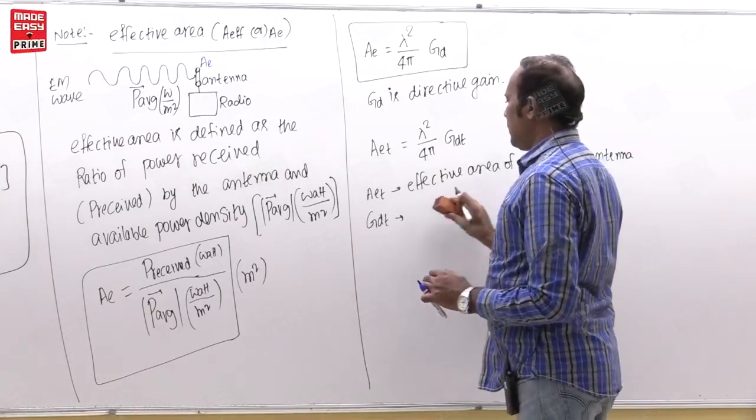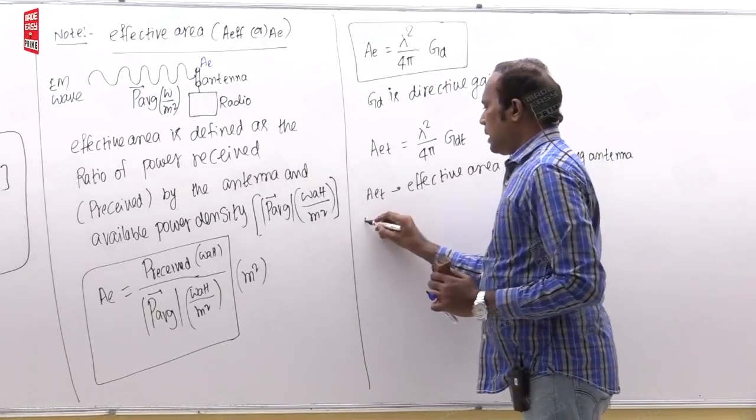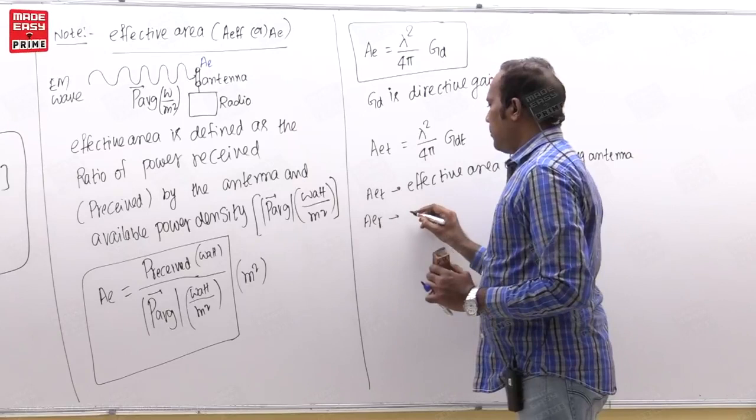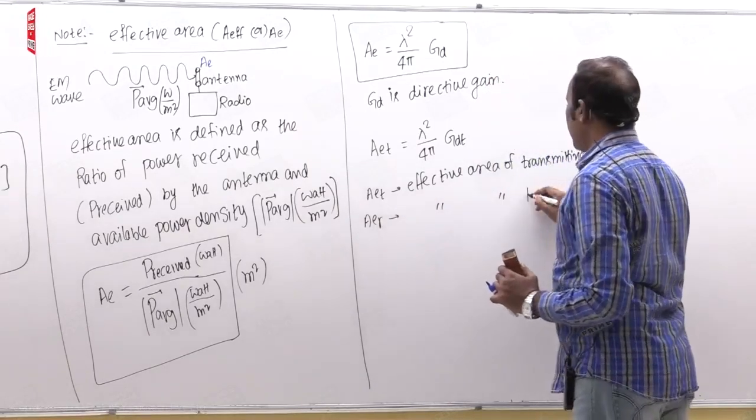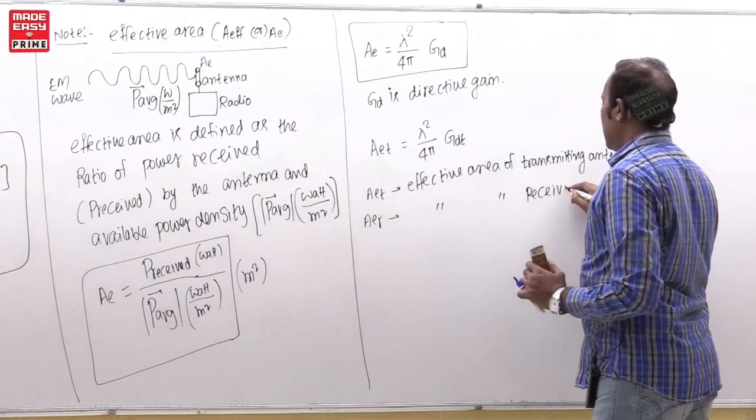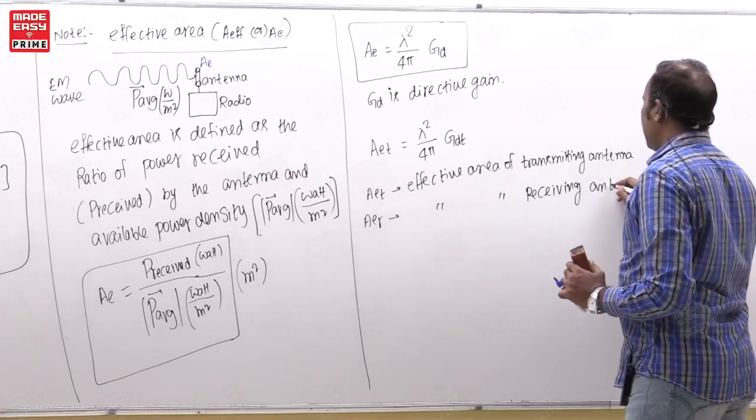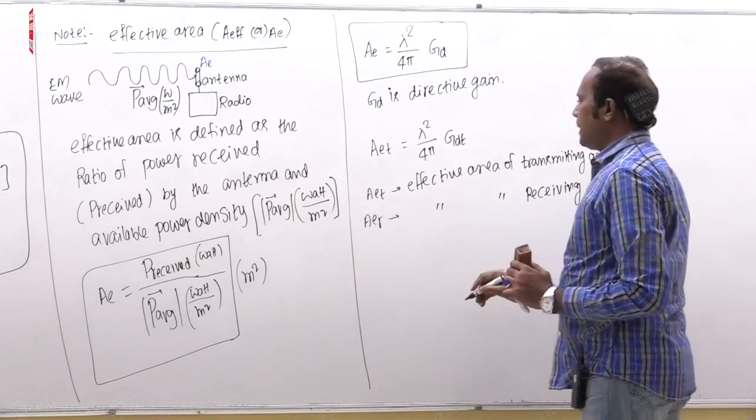AER means effective area of the receiving antenna.